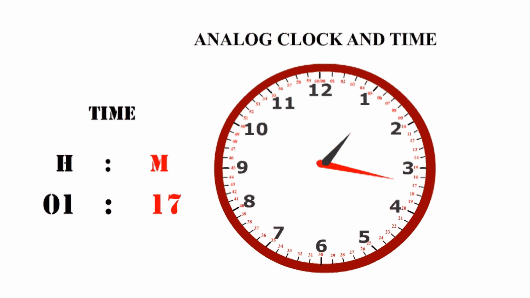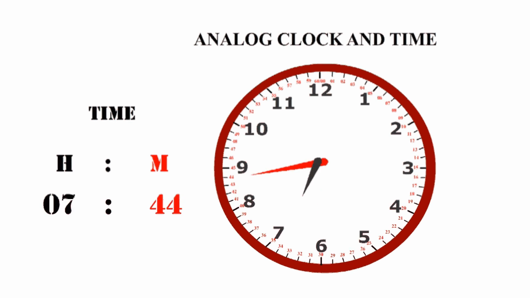Here, the short hand is pointing at 1 and the long hand is pointing at 17. Therefore, the time is 1:17. Here again, the short hand is pointing at 4 and the long hand is pointing at 30. Therefore, the time is what? 4:30. Good.